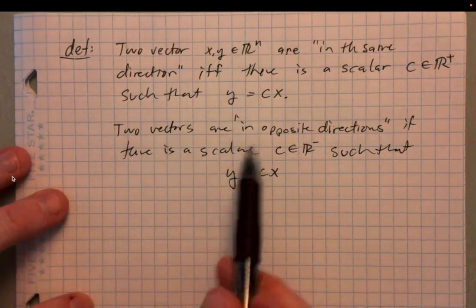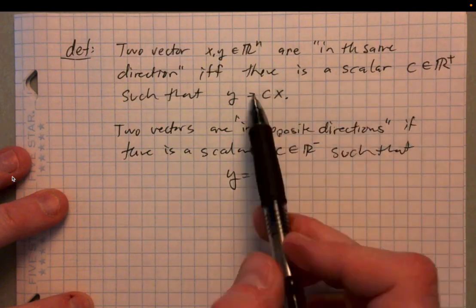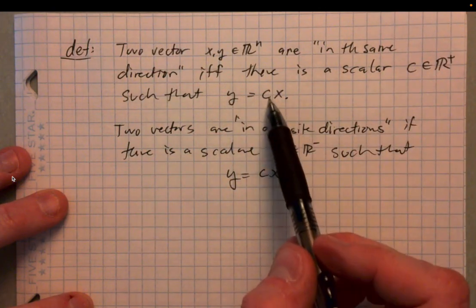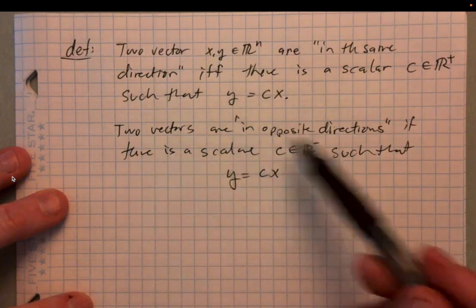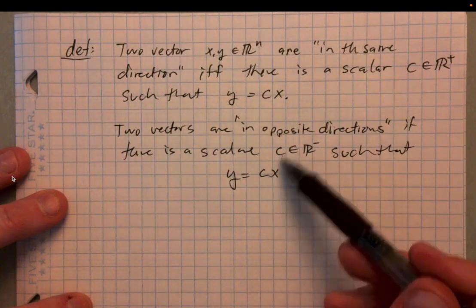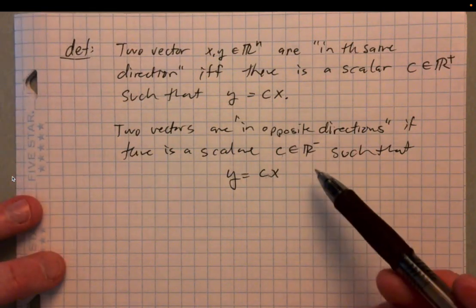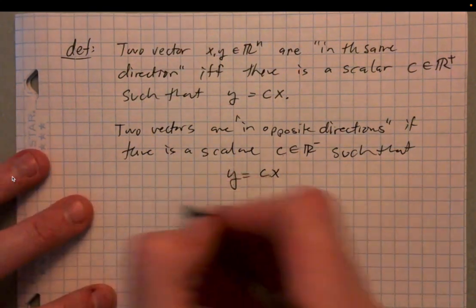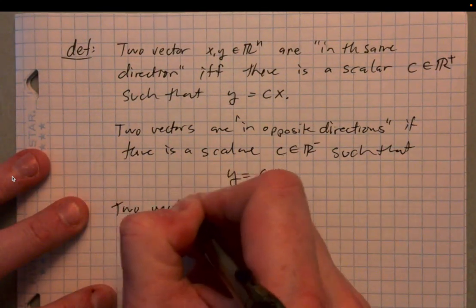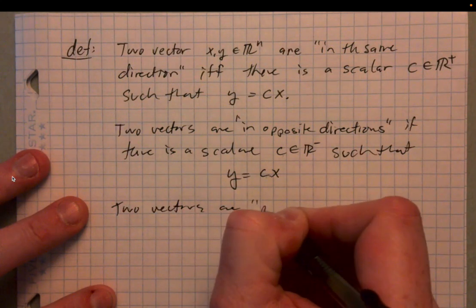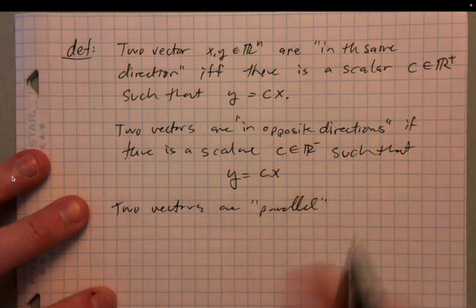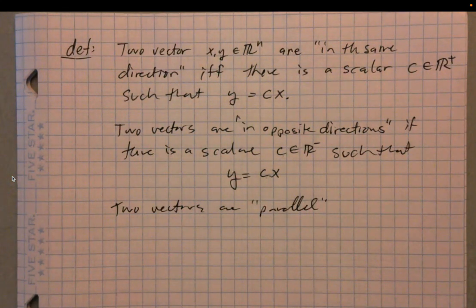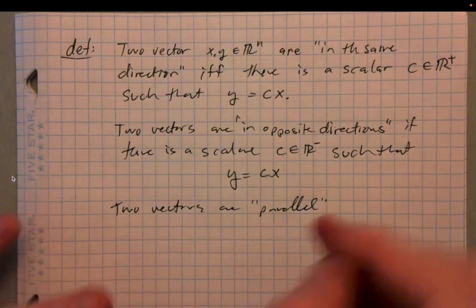So two vectors are in the same direction if you have a positive scalar, and they're in opposite directions if c is a negative number. And two vectors are called parallel if they're either in the same direction or opposite directions.